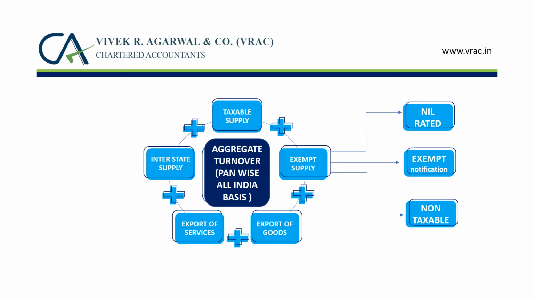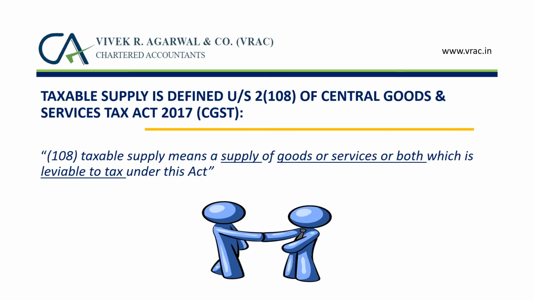XYZ Limited is having GST registration in Maharashtra, as well as in Gujarat. Turnover of Maharashtra and Gujarat needs to be aggregated to compute aggregate turnover, since the PAN of both the GST registrations is the same.